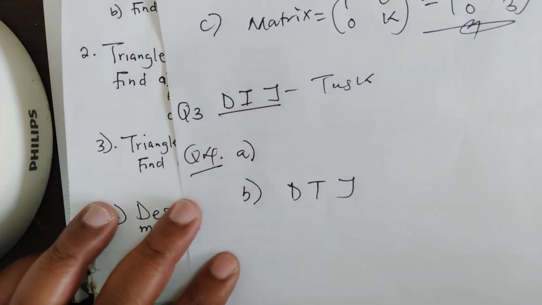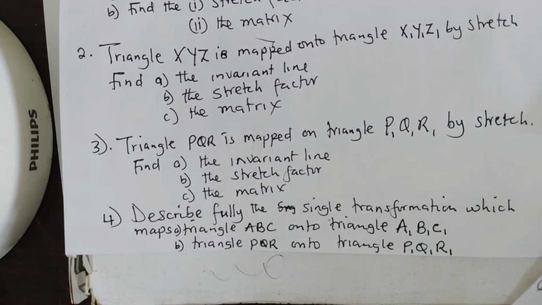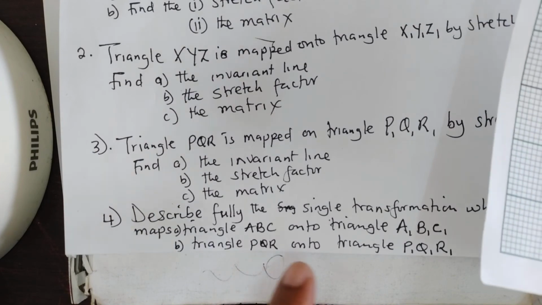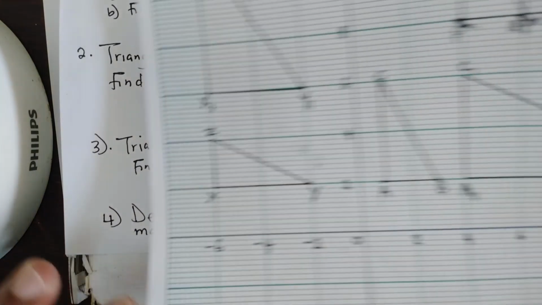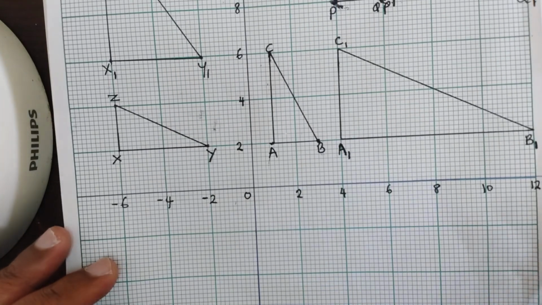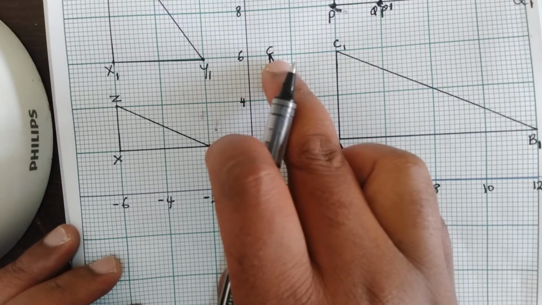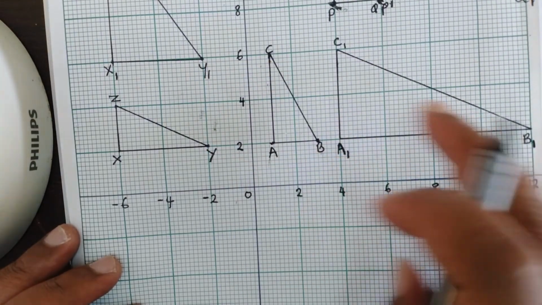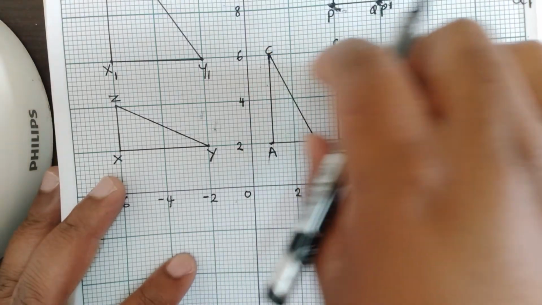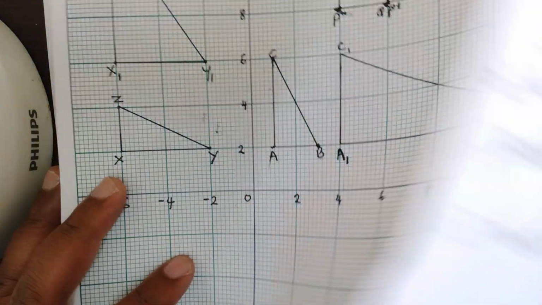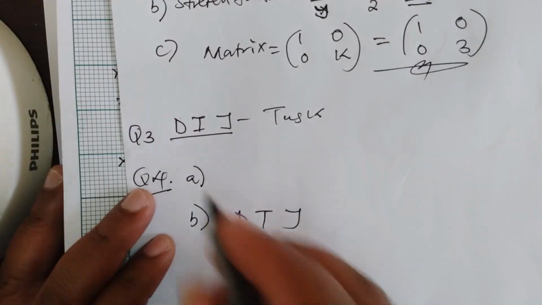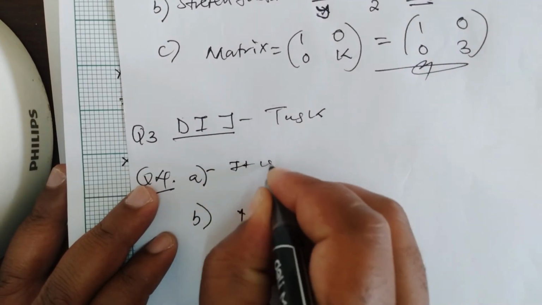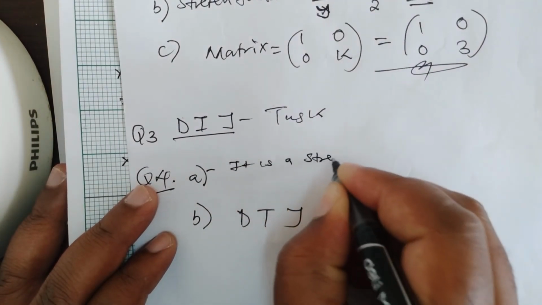So let's look at 4A. They are saying describe fully the single transformation which maps triangle ABC onto triangle A1, B1, and C1. So this is a stretch. When you see that it is a stretch, you write that it is a stretch.